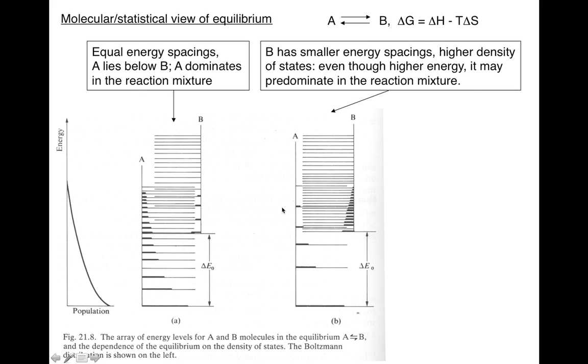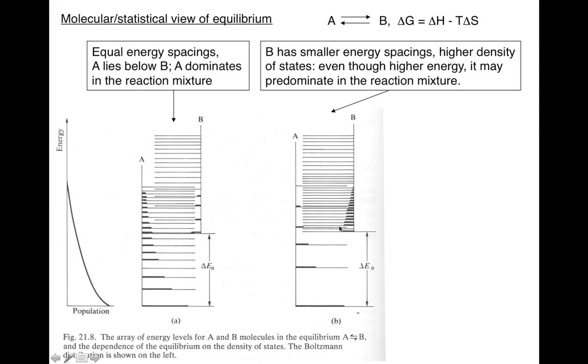Now you can imagine a different scenario. Let's say we have the same offset. So B, ground state, is still the same higher energy state, but now, whatever happened to molecule B, the spacings are different. The energy levels are more closely spaced. So now if we think about this population, there are actually more ways of populating B, okay?